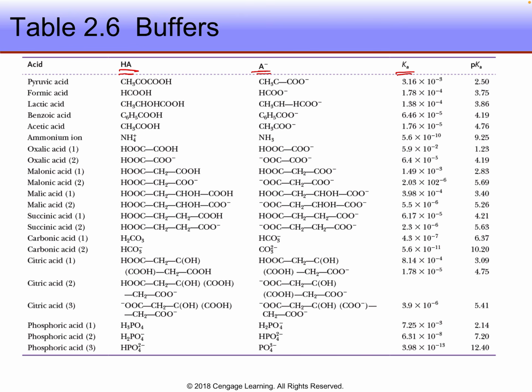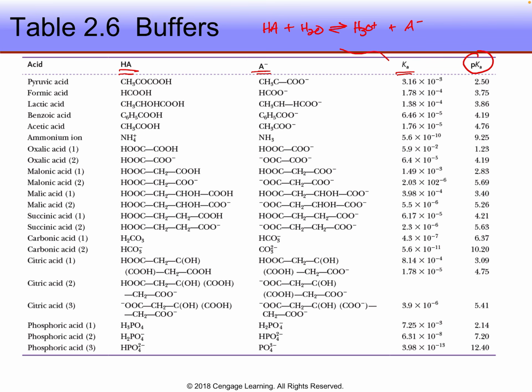And this equilibrium constant, it's always the same. It's going to be generically HA plus H2O in equilibrium with H3O plus and A minus. And the equilibrium constant is defined like any equilibrium constant: concentration of products divided by concentration of reactants.